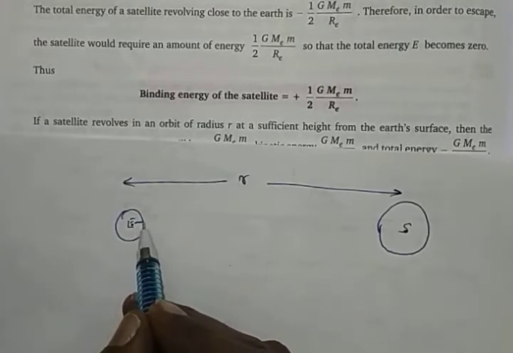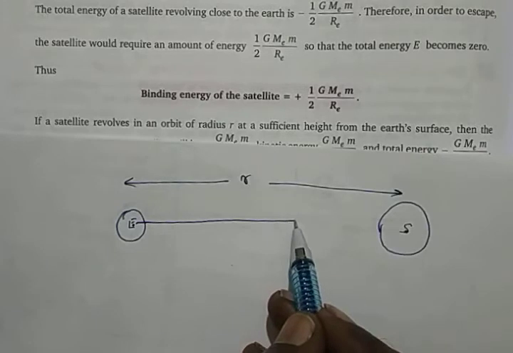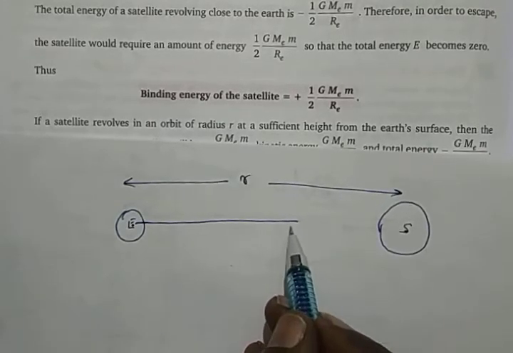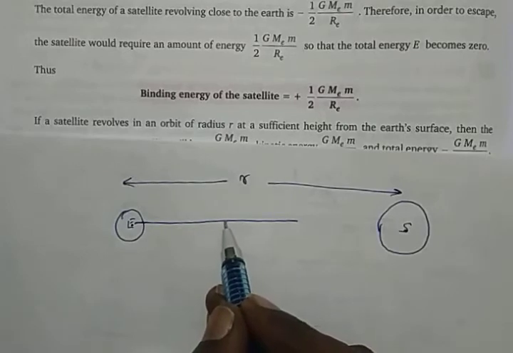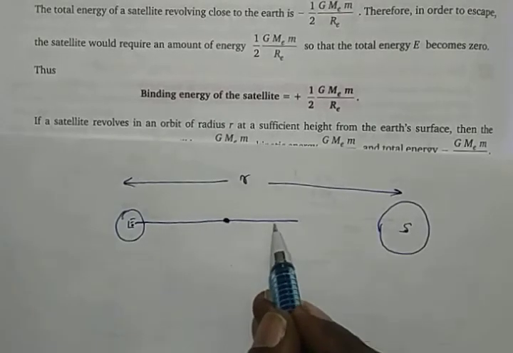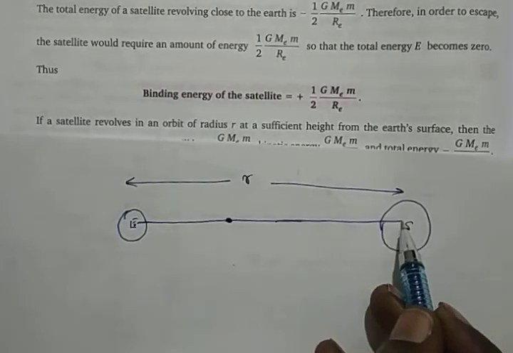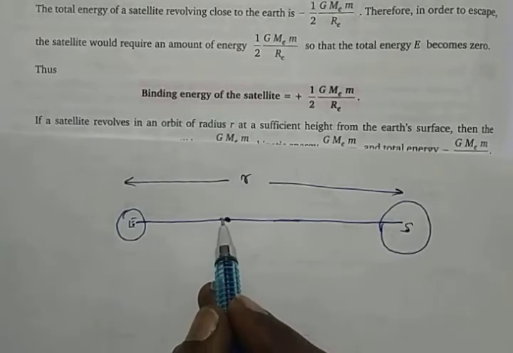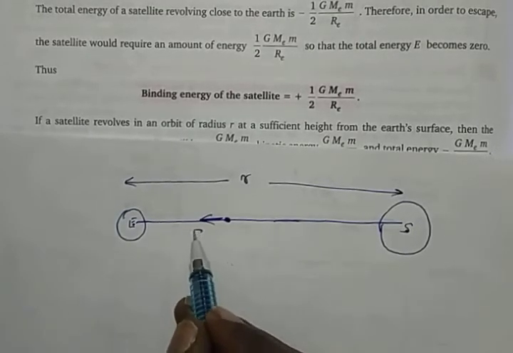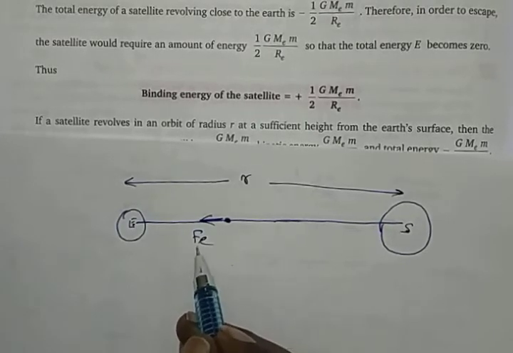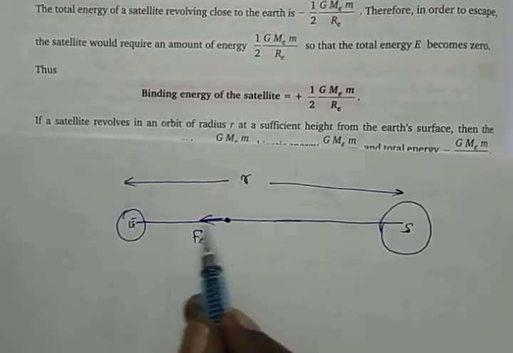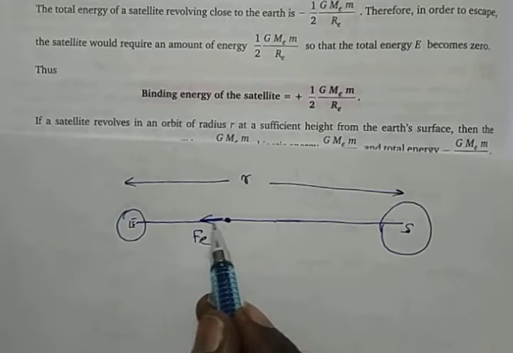So this rocket is going straight. At one particular point of time, maybe somewhere here, you'll find the gravitational pull on the rocket due to the earth, because the force is always pulling, the body is being pulled towards the earth.